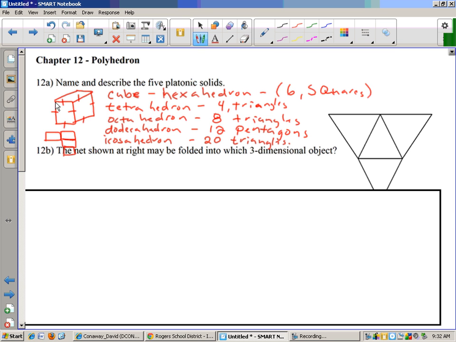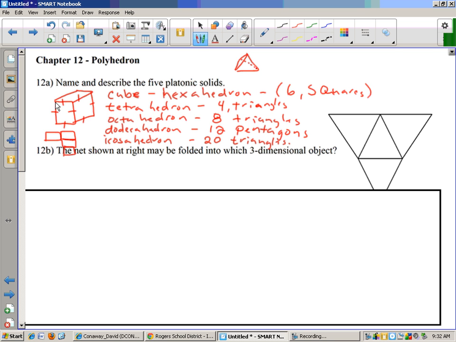Now, to see what those look like, a tetrahedron, for instance, would basically be like a triangular pyramid, like this. If you notice, there's 4 sides to that shape. There's the one on the floor, and there's the 3 walls of it.